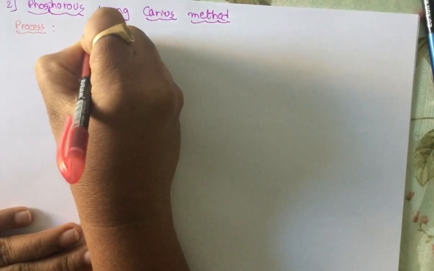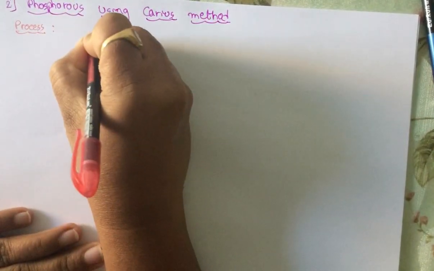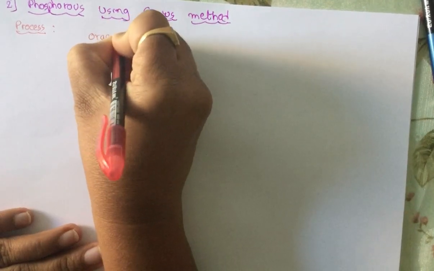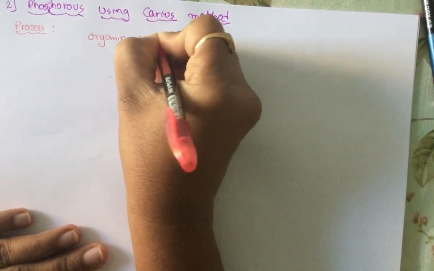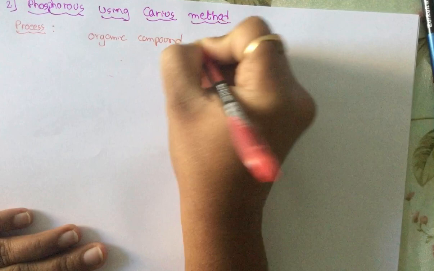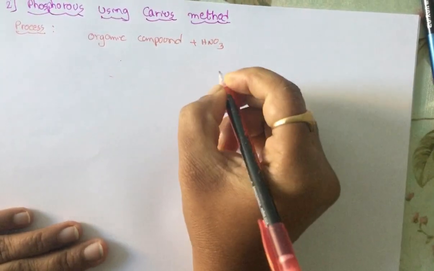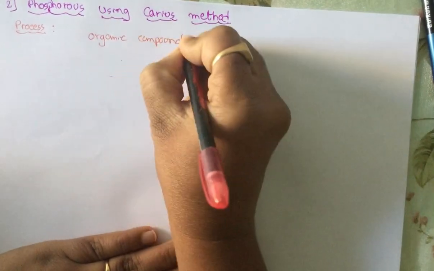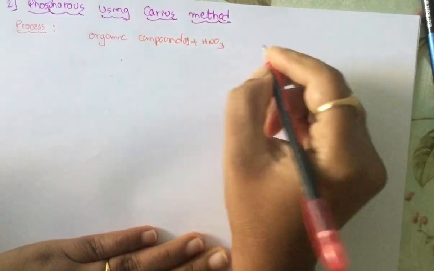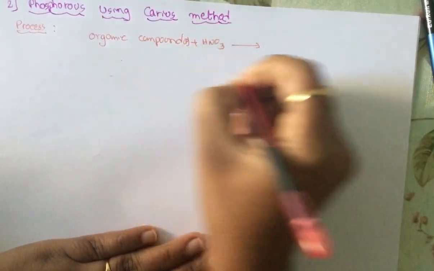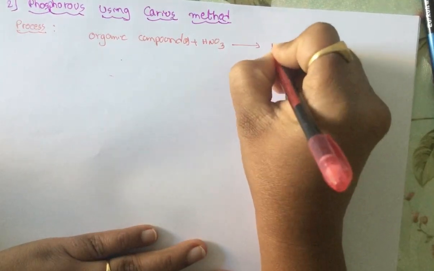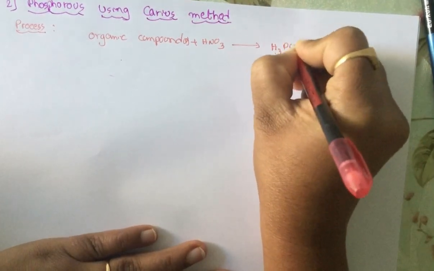First, take an organic compound which is containing phosphorus. Then what you have to do? You have to treat this organic compound with nitric acid or sodium peroxide. So this organic compound is having phosphorus in it. Then how is the phosphorus converted? In this case, it is converted into phosphoric acid.